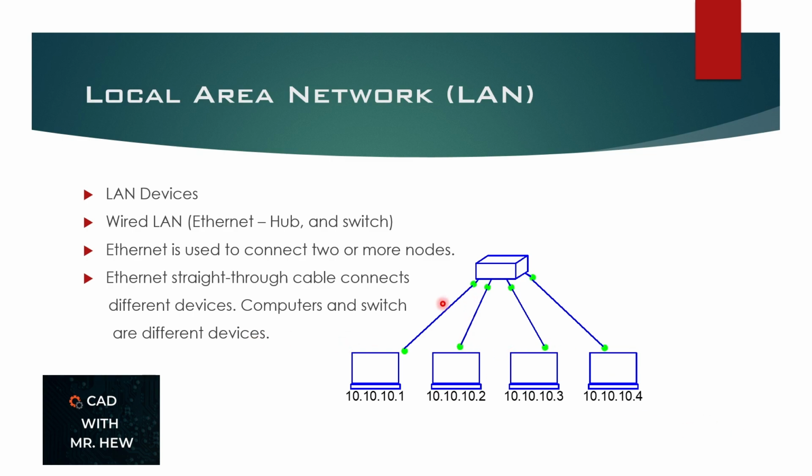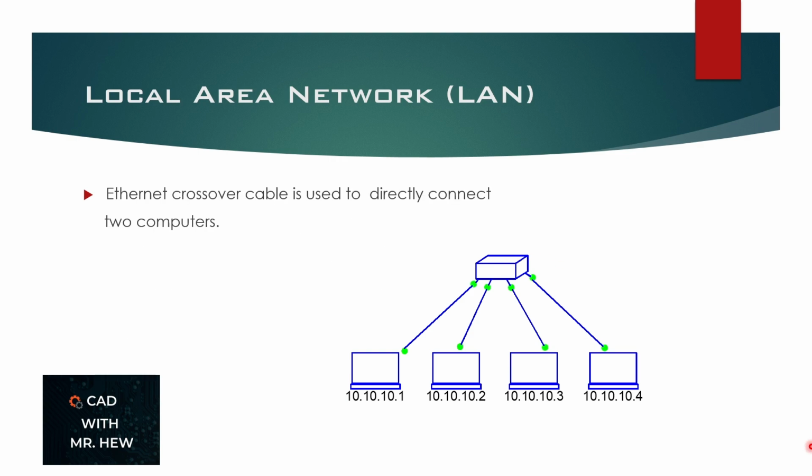So here we have the Ethernet straight-through cable, which connects the computers and the switch. The switch will be represented by this box, right? An Ethernet crossover cable is used to directly connect two computers. So if you want to connect this computer to this computer, you would use an Ethernet crossover cable.